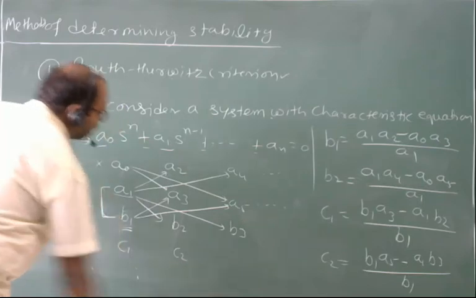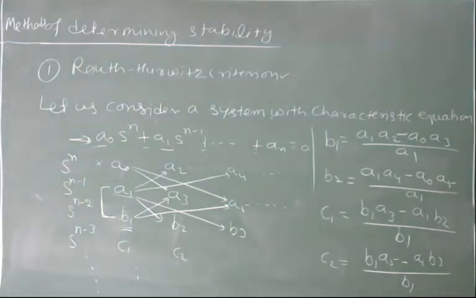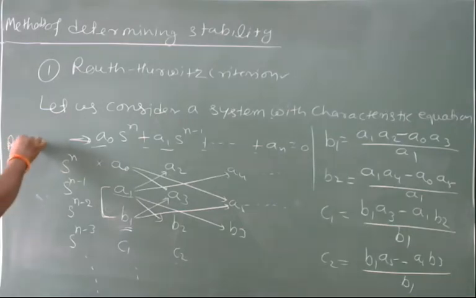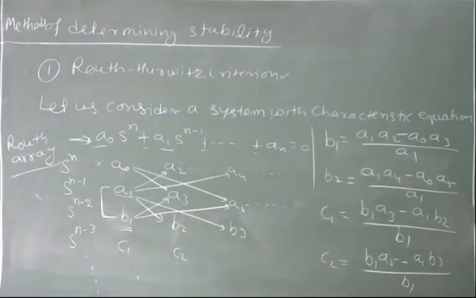I can calculate the elements of each row, and finally the Routh array is ready.